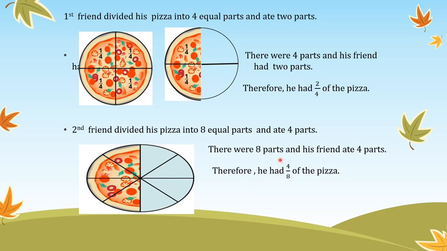There were 8 parts which he divided his pizza into and he ate 4 parts out of the 8 parts. So we can say he had 4/8 of the pizza. So what half Rohan had, 2/4 of the pizza the first friend had and 4/8 of the pizza the second friend had.